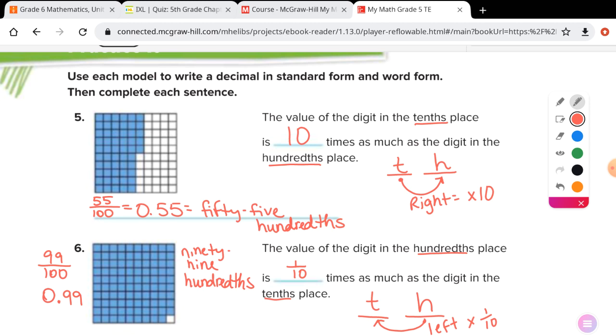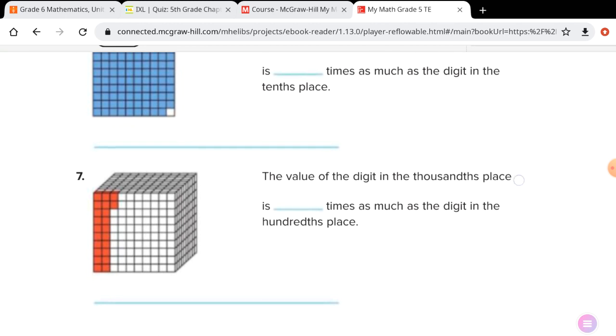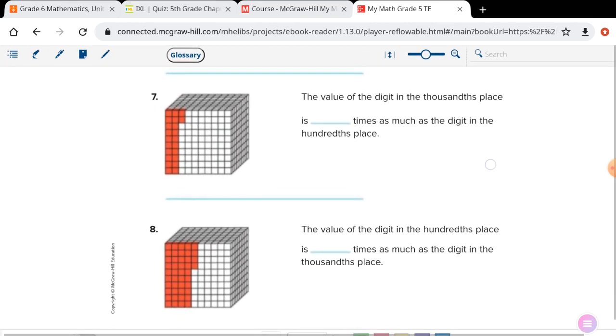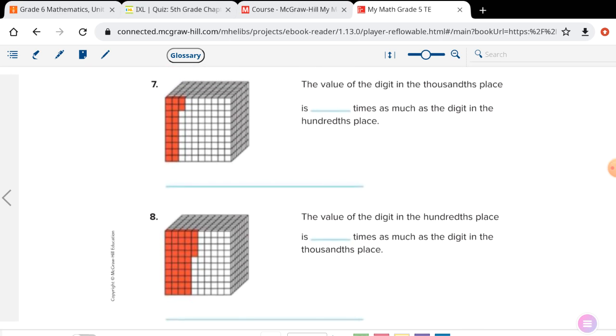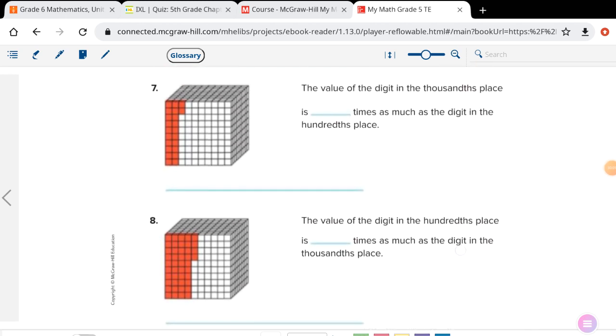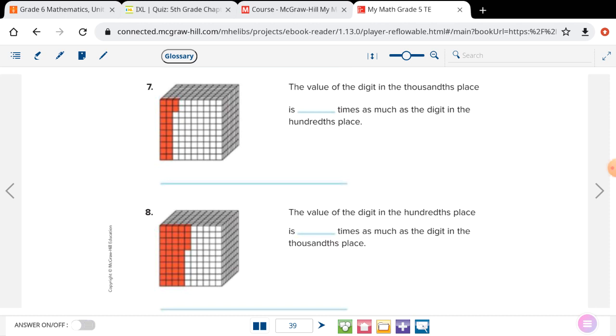I want you to take a minute and try and do all of number 7 and all of number 8. Once you have the answers, look up. We're going to talk about the work we should have with them. But check your answers first.